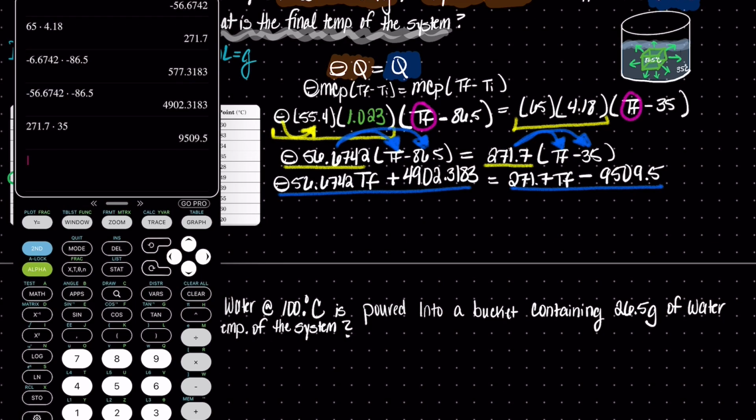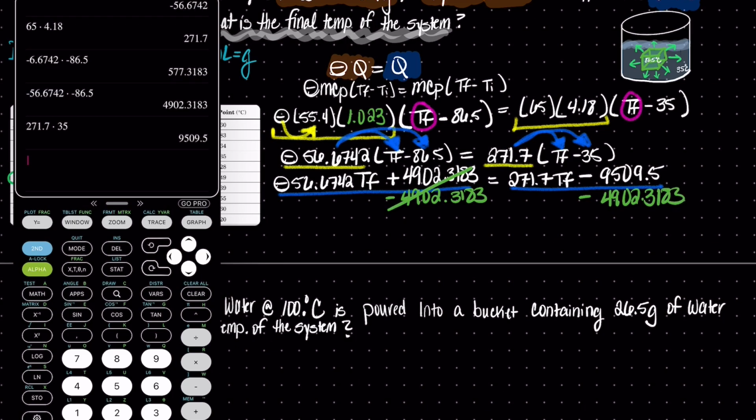Now I start moving my variables. I like to isolate my variables. So I'm going to move the constants over to the right-hand side. So I do my opposites. If you're adding, you got to subtract that 4902.3183 minus 4902.3183.